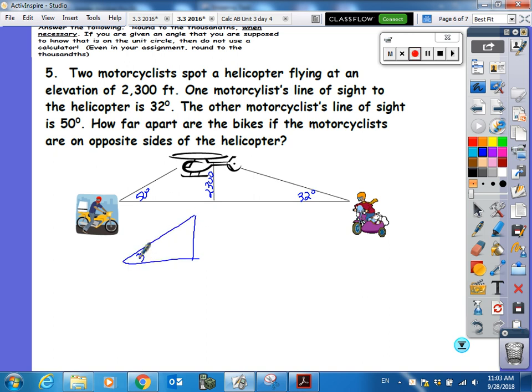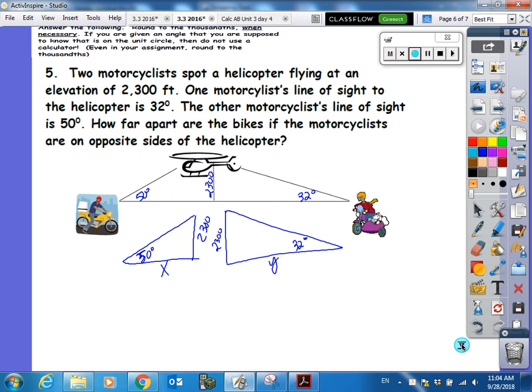We have a 50, a 2,300, and I'm going to call that X. And then over here, this is still 2,300. This is 32, and I'm going to call that Y. Just do not call them the same. X1 and X2, A1, A2, X and Y, A and B, R and L, whatever you want to use.